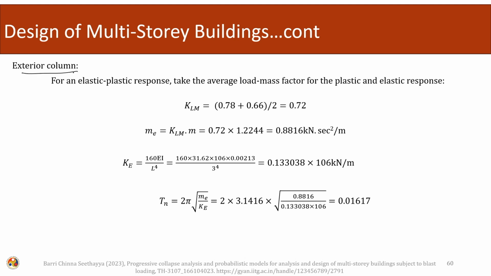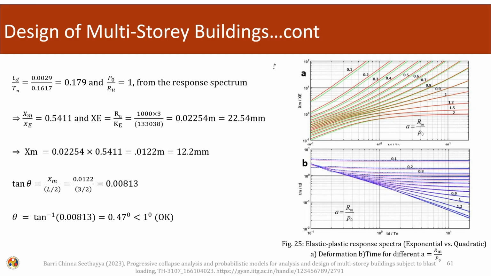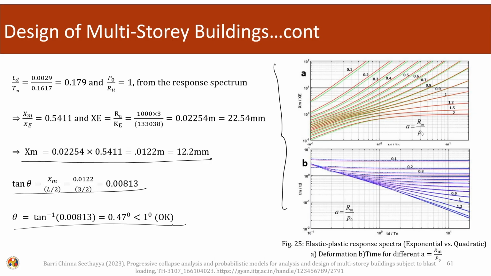So, for the exterior column also, we are taking the average load mass factor, assuming an elastoplastic response. We are calculating the equivalent mass, we are calculating the equivalent stiffness, and then we are calculating the time period of the system, and again using the design chart, we are calculating the maximum deflection in the system, and using the maximum deflection in the system, we are calculating the rotation in the exterior column, which is again under the prescribed limits.